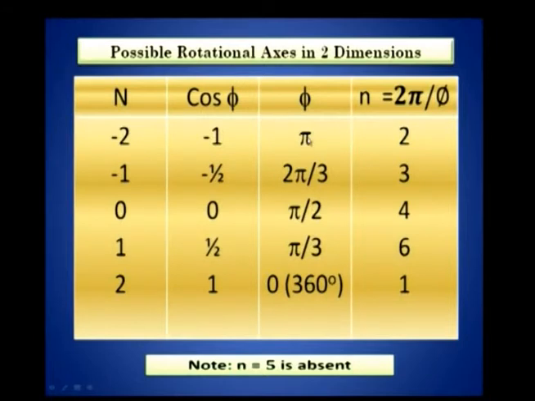So, if you substitute these phi values, what you get is 180 degrees here. 2 pi by pi will be 2, 2 pi by 3 will be 3, and 2 pi by 2 will be 4, and so this kind of substitution of phi values will give you n values. N is the fullness of rotation.